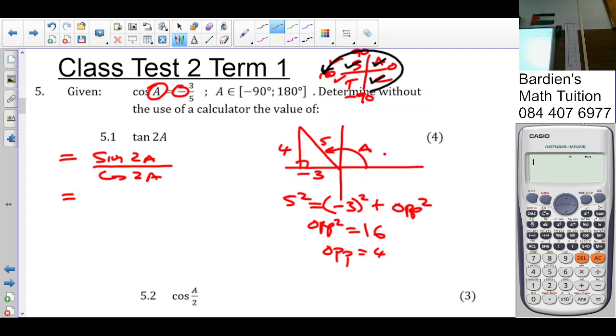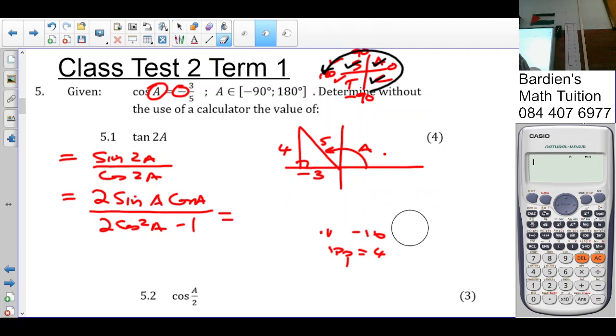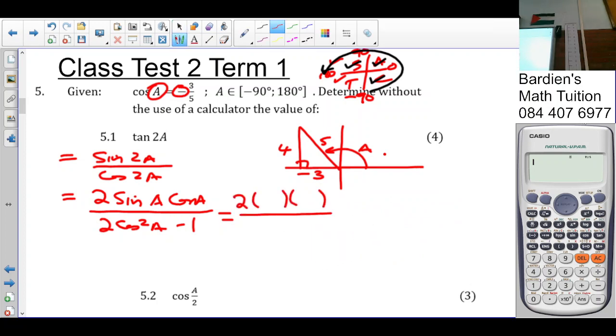However, sin 2A can be written as 2 sin A cos A. Cos 2A can be written as any one of the 3. I'm going to go with 2 cos squared A minus 1. As I said, you could have used any one. So that is simply 2 sin A cos A over 2 cos squared A minus 1.